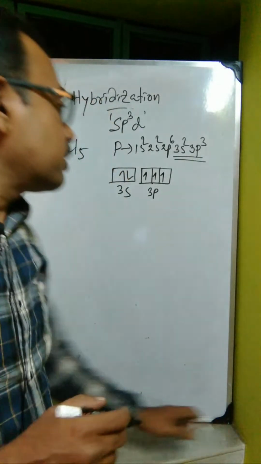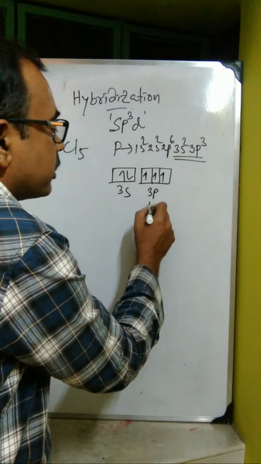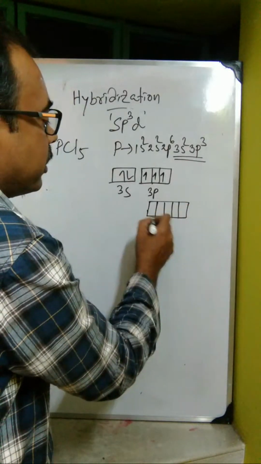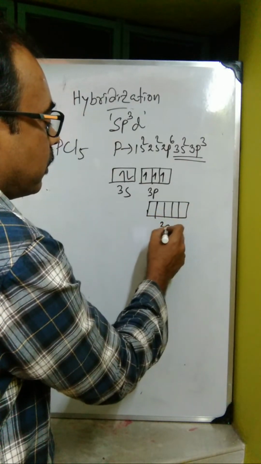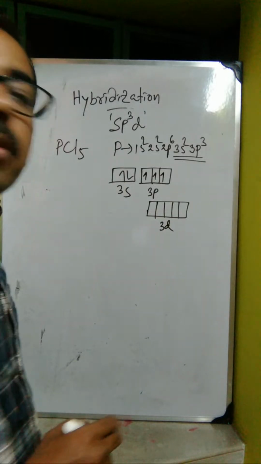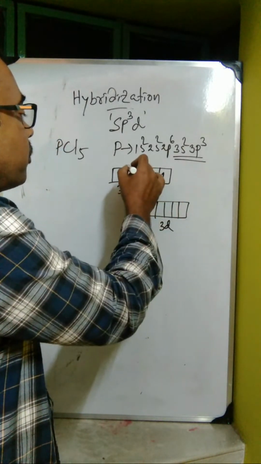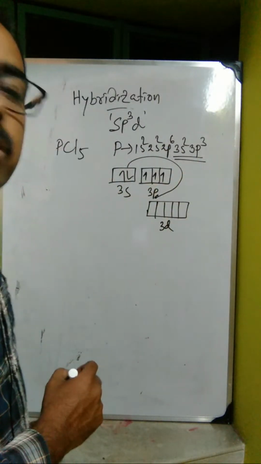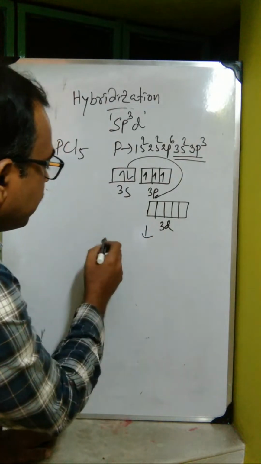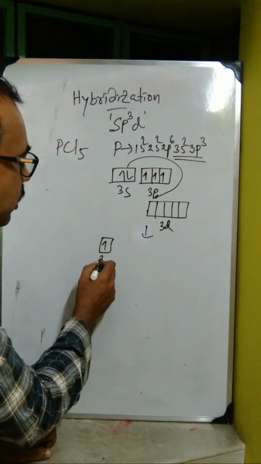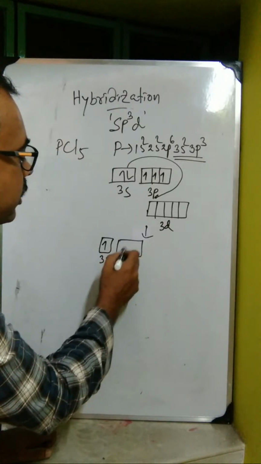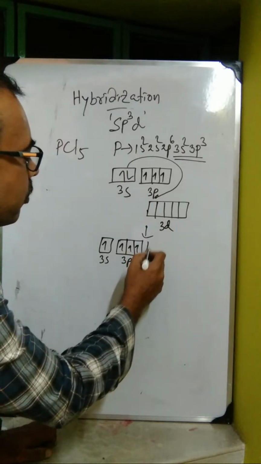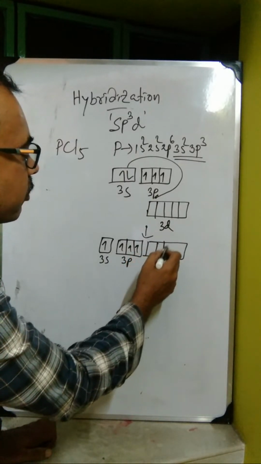So here in the excitation, one electron from the 3s orbital will jump to the 3d orbital. So in the rearrangement, the 3s orbital will have only 1 electron, the 3p orbitals will have 3 unpaired electrons, and the 3d orbitals will have only 1 unpaired electron.